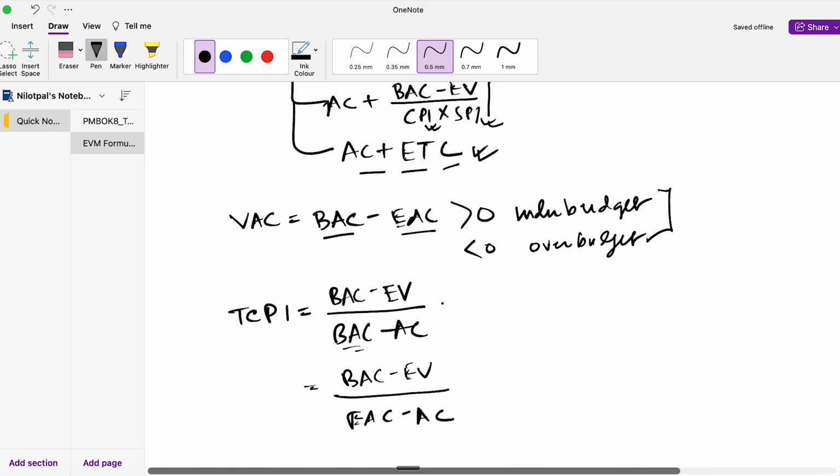And the first formula is to be applied when the goal of the project is to finish within the original budget, because BAC is your original budget, right?